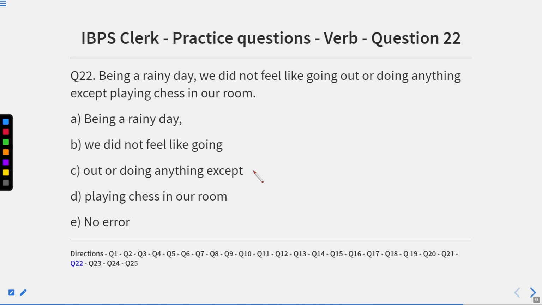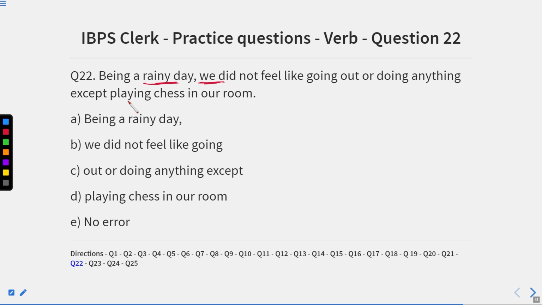Now let us move to question number 22. Being a rainy day, we did not feel like going out or doing anything except playing chess in our room. So, "being a rainy day". Now whenever the sentence begins with the word "being", it means this noun or this pronoun are the same. But here it is not the concept.